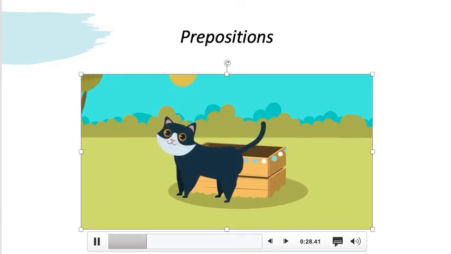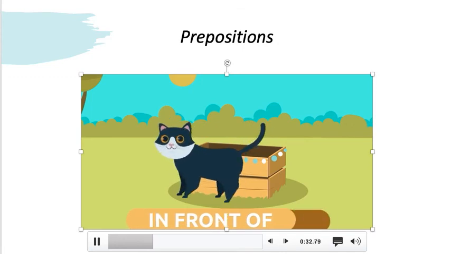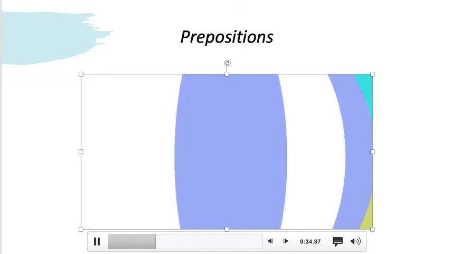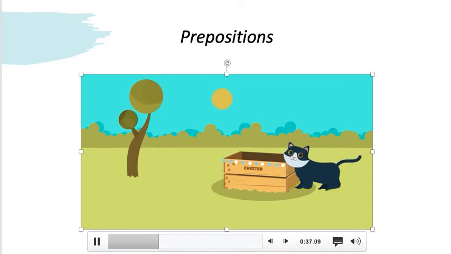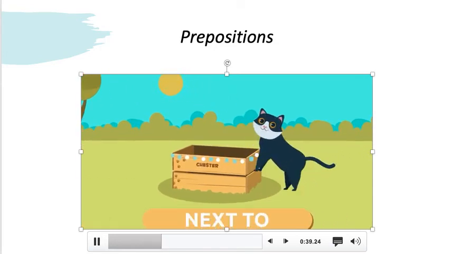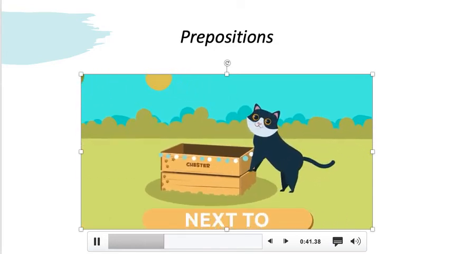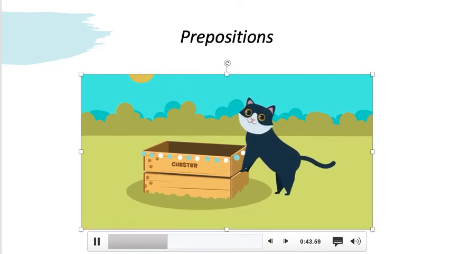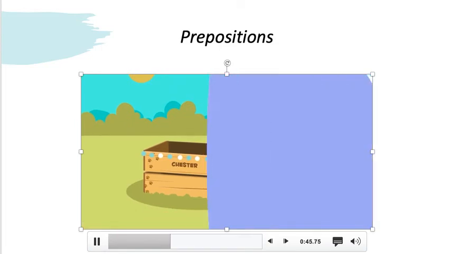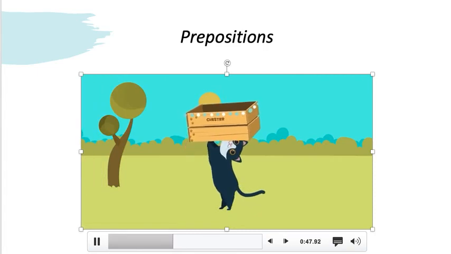Chester is in front of the box. The cat is in front of the box. Where is Chester? Chester is next to the box. Where is Chester now?